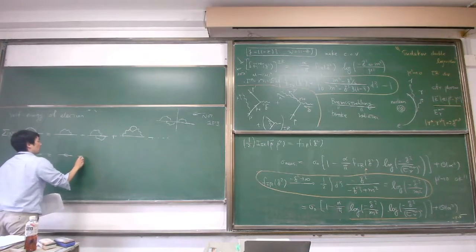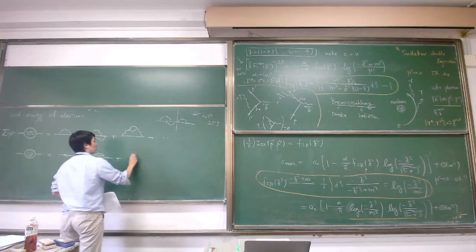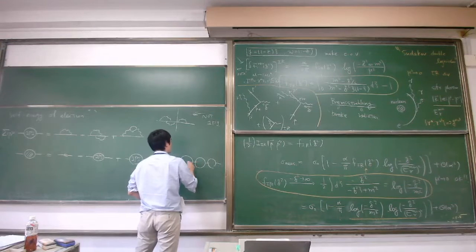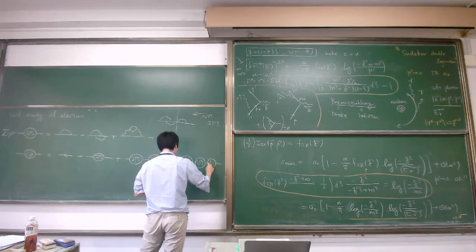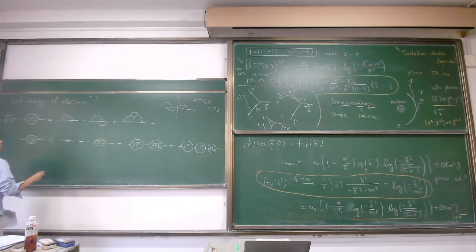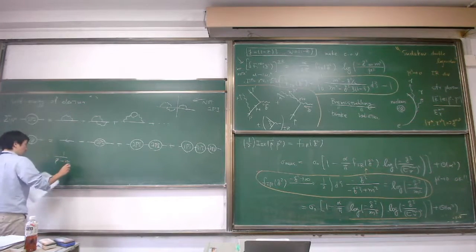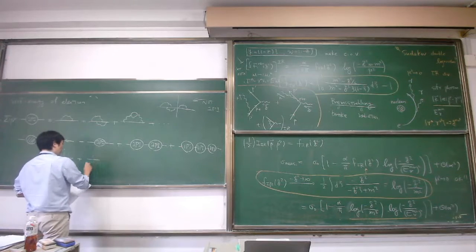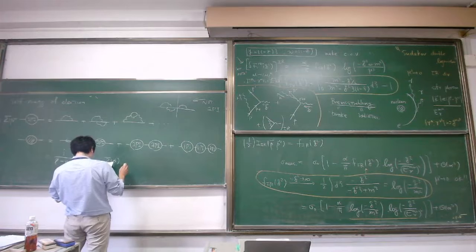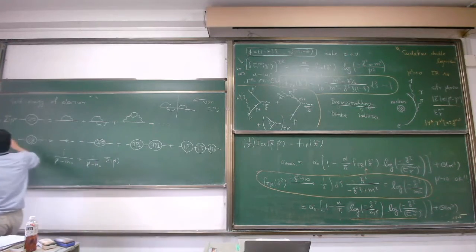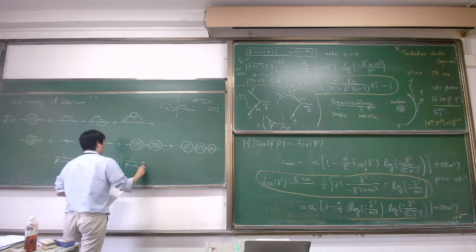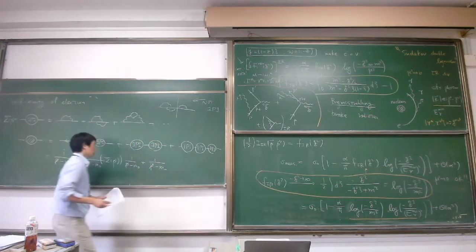This is the sum of 1PI contributions. Therefore, if you include this one, we have i over p slash minus m0, then i times sigma of p slash, then i over p slash minus m0.